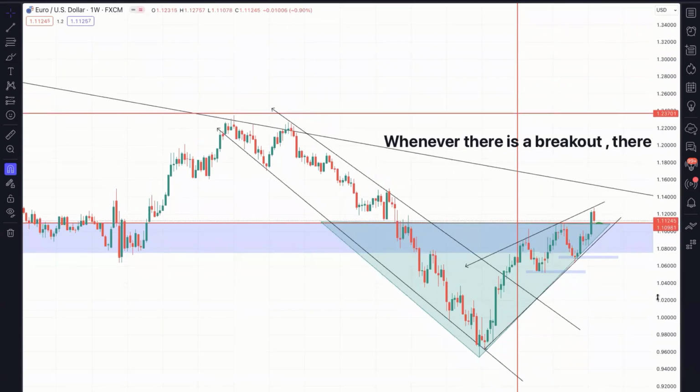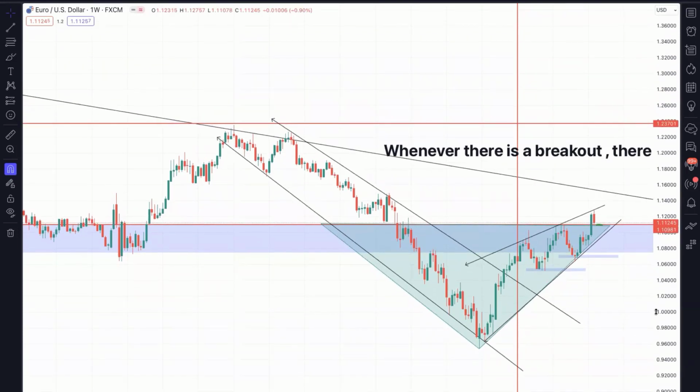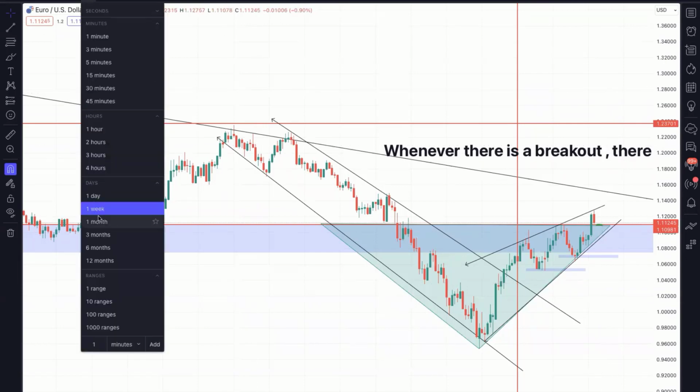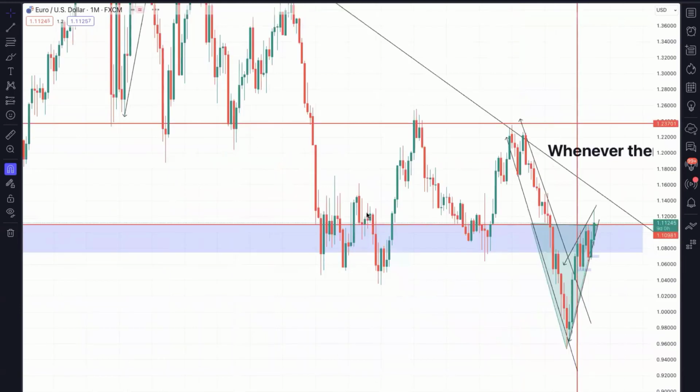That already gives us another impression to dig deeper, so that we don't base our conclusion only on what we saw on the weekly time frame. That's why we do multiple time frame analysis. Going by what we saw on the monthly time frame, we will be selling, because it's currently at this level.